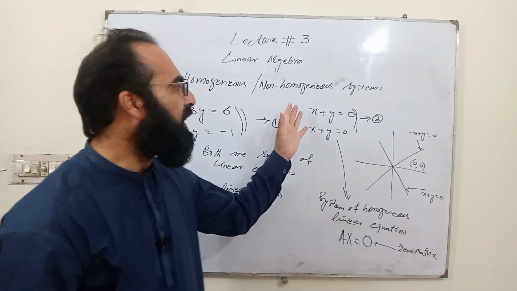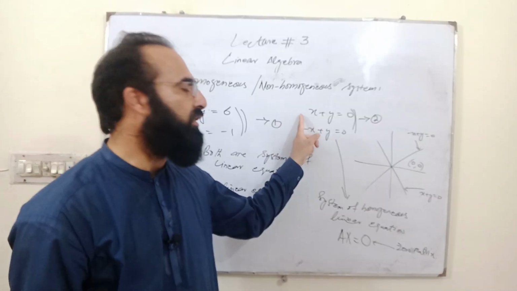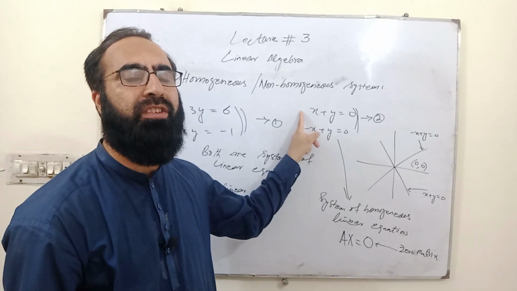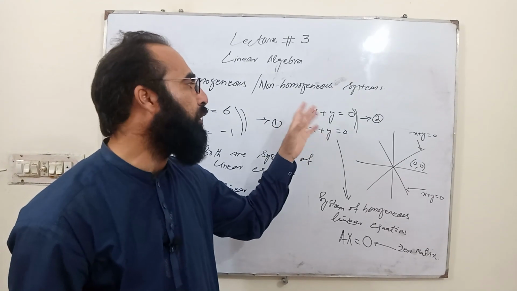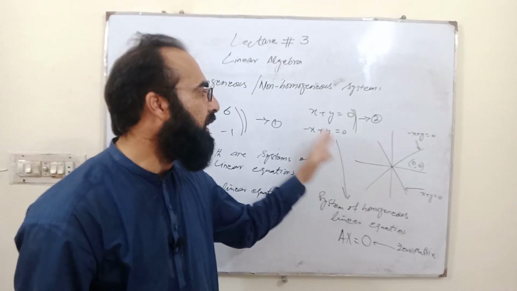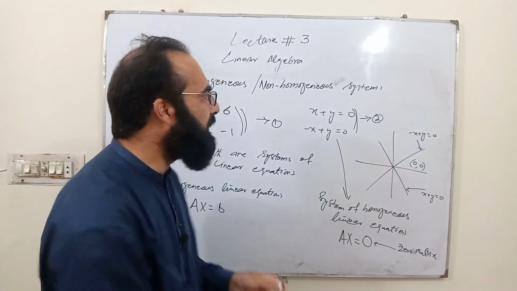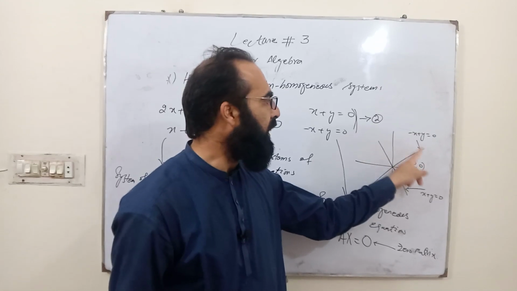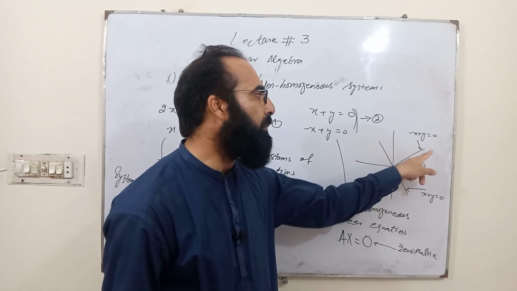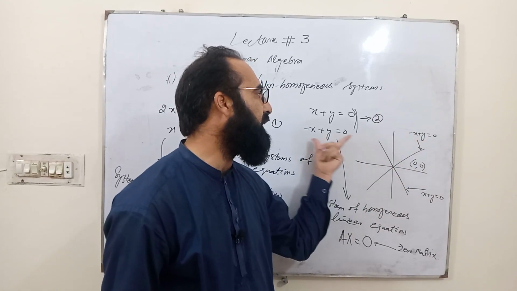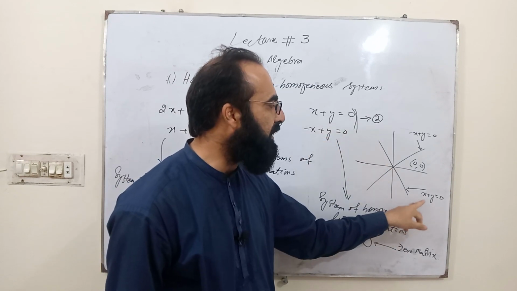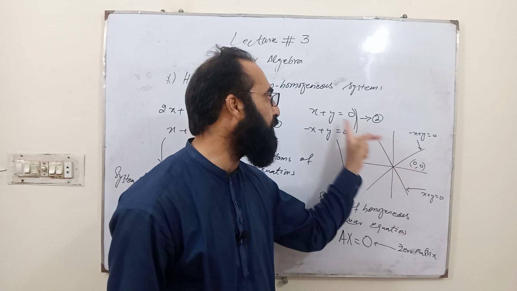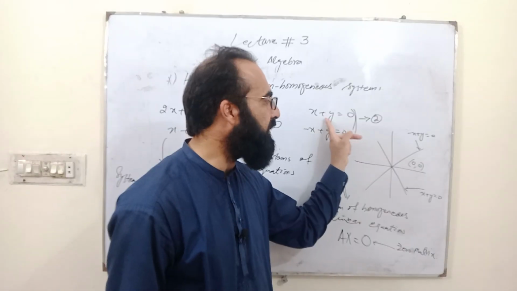Now, if we draw the graph of this system, because this system is homogeneous and we are interested in homogeneous systems, let's draw its graph. This straight line represents minus x plus y, the second equation of the second system, and this straight line represents x plus y is equal to 0, the first equation of the second system.